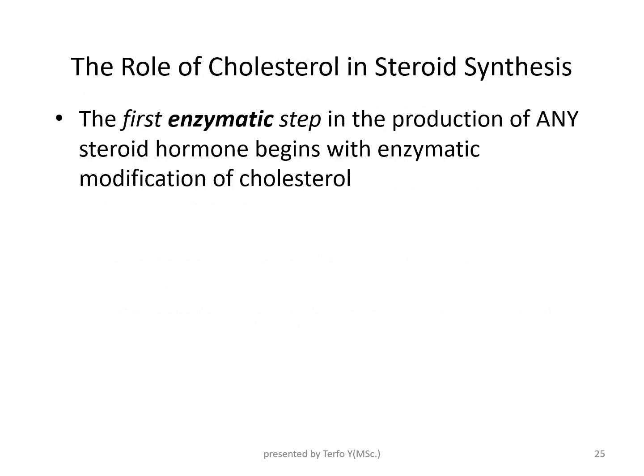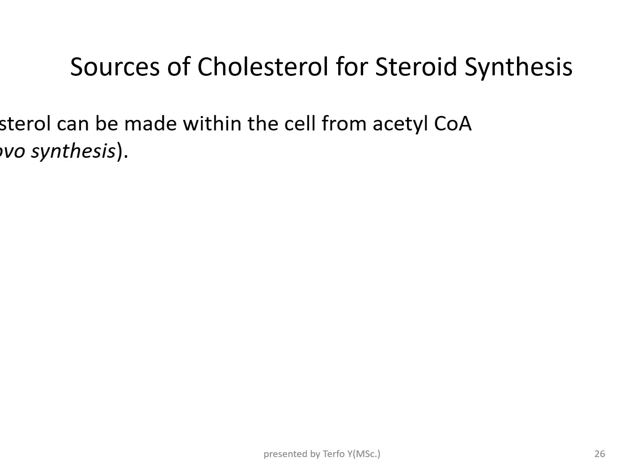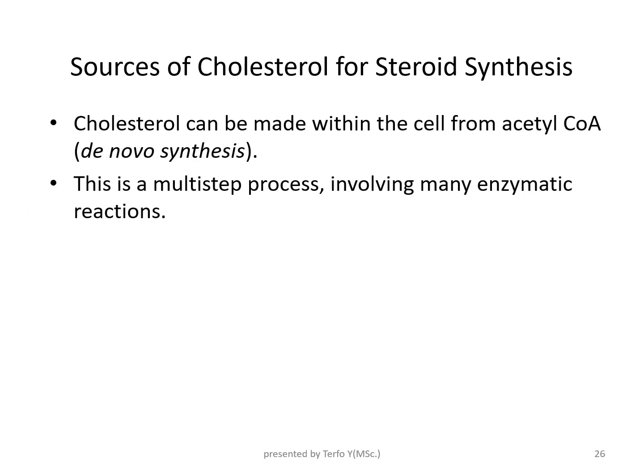What is the role of cholesterol in steroid synthesis? The first enzymatic step in the production of any steroid hormone begins with enzymatic modification of cholesterol. So cholesterol is very important for the synthesis of steroid hormones. What are the sources of cholesterol for steroid synthesis? Cholesterol can be made within a cell from acetyl-CoA, by de novo synthesis.